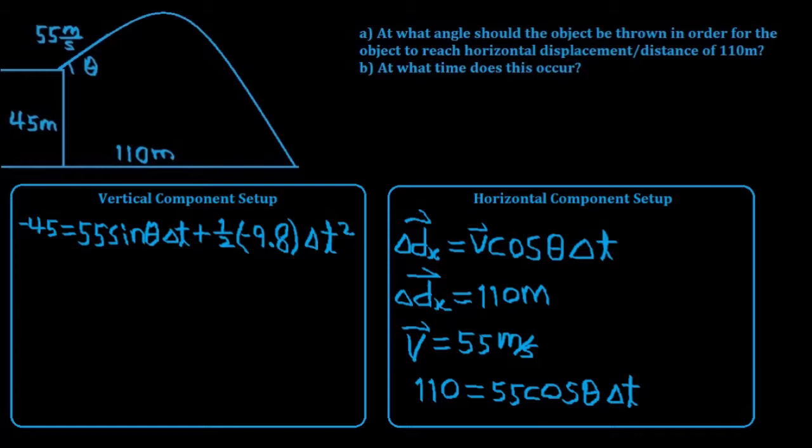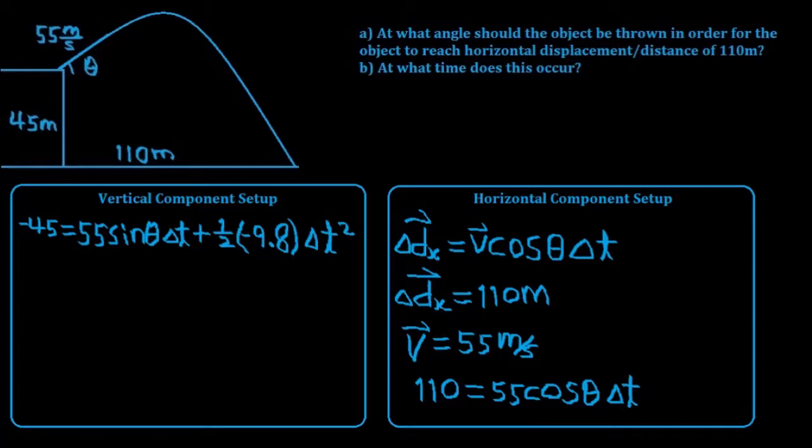And what do we know so far? We know that we're given the horizontal displacement distance at 110 meters, and we know that the initial overall velocity is 55 meters per second. And so if we plug that in, the only unknowns in this case would be the angle and the time.